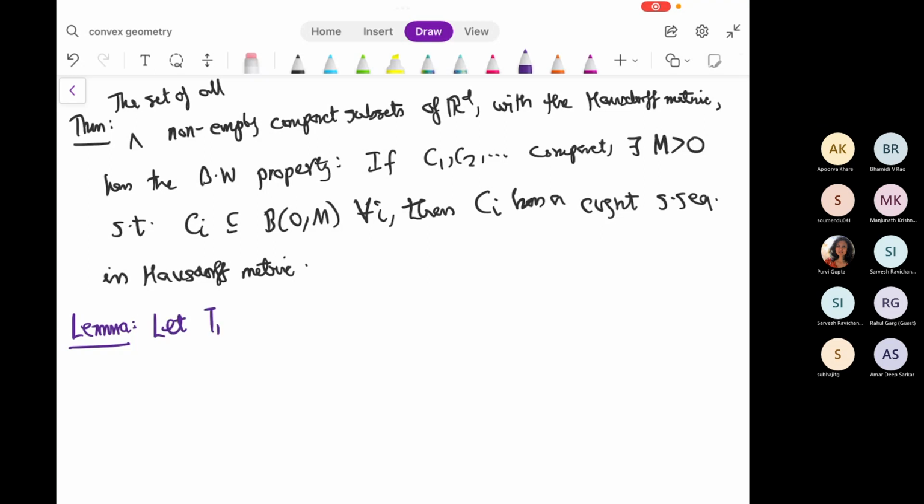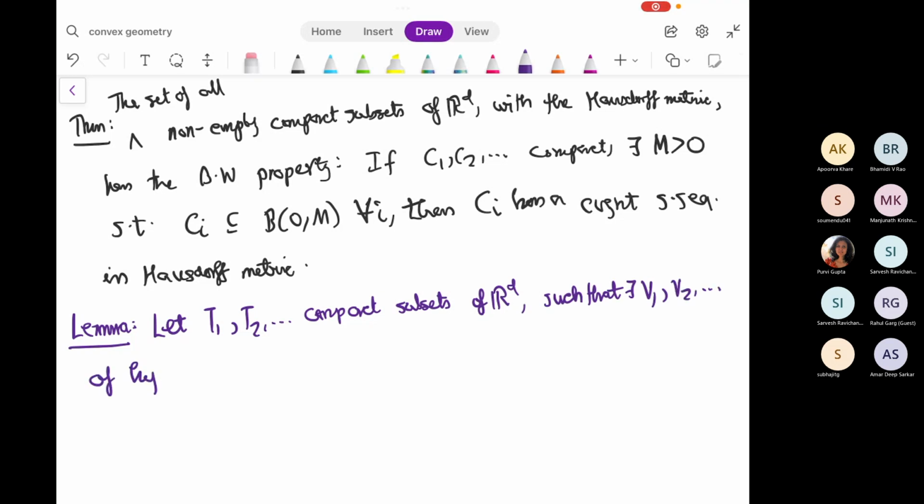You take, let's say, T1, T2, and so on as compact subsets of R^d with the following property, that each one is a successive symmetrization of the previous with respect to a particular hyperplane. So such that you have a sequence V1, V2, and so on of hyperplanes.